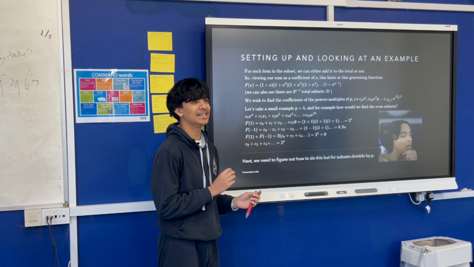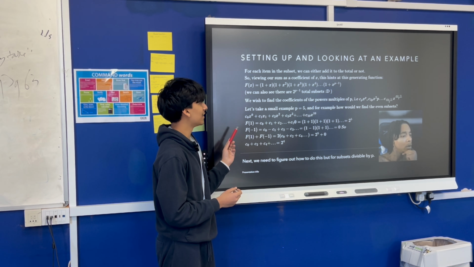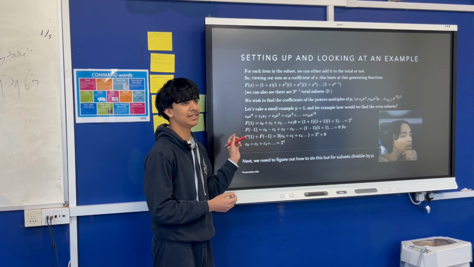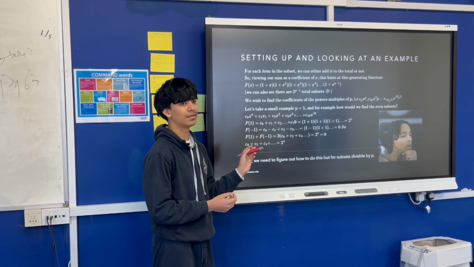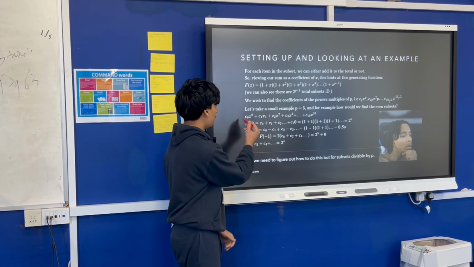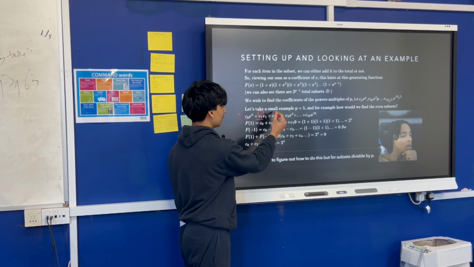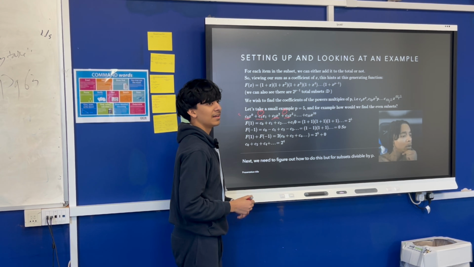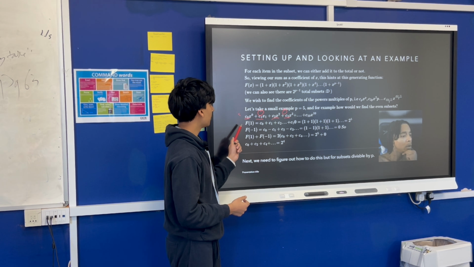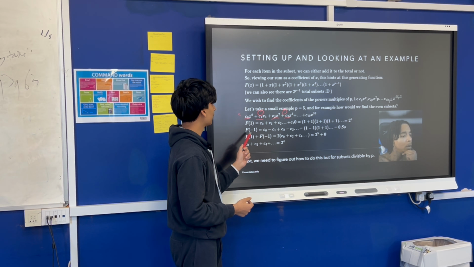So if we take an easier example, because this is quite intimidating, if we just wanted to get the even coefficients, right? So every other one, we want this to go to 0. In this example, we evaluate at 1 and minus 1.